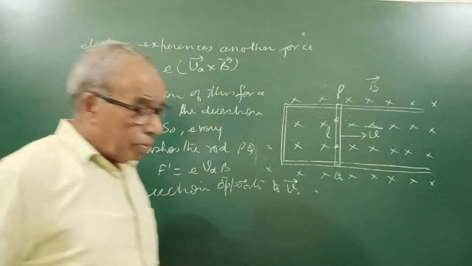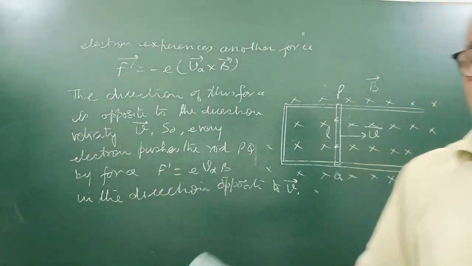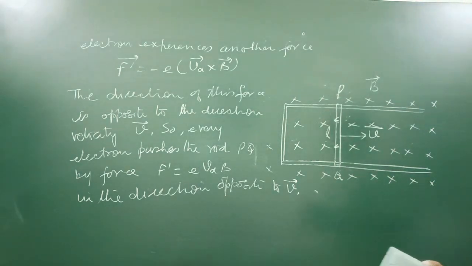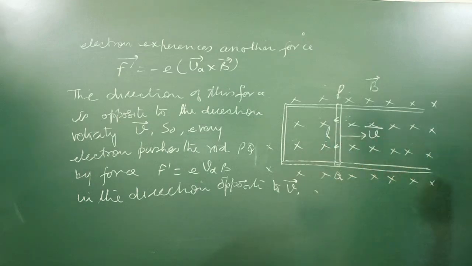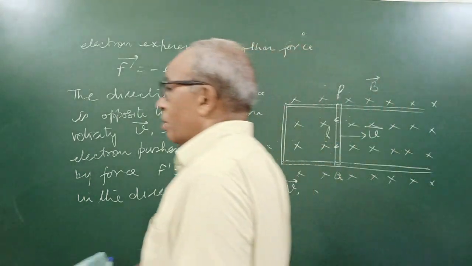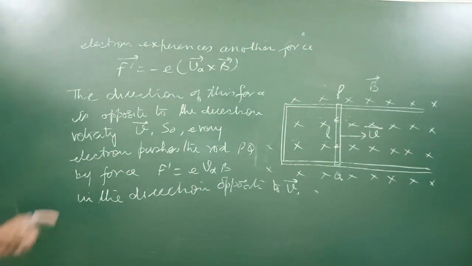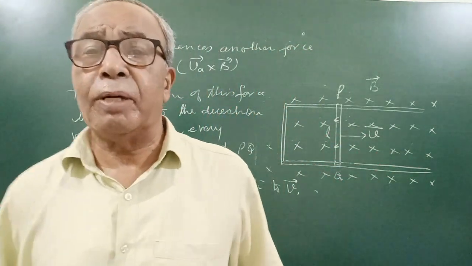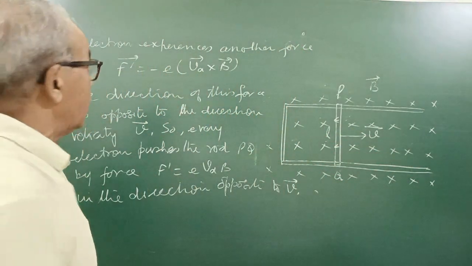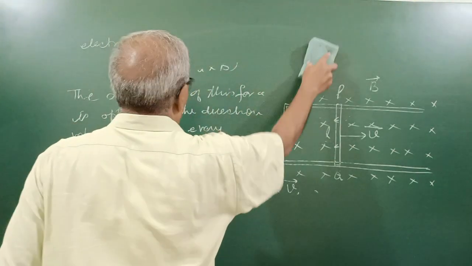And we told you that energy can neither be created nor destroyed. So work is done against this force in moving the rod PQ, and that work done will appear in the form of electric energy.